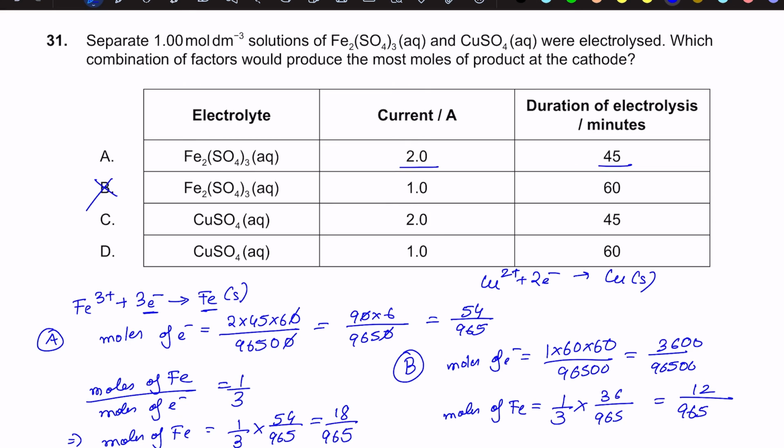So moles of Cu produced will be half times the moles of electrons, since the ratio is 1 by 2. So this will be 27 divided by 965. This is basically the highest value we have found till now, so I can eliminate option A.